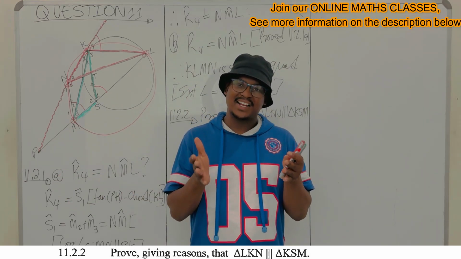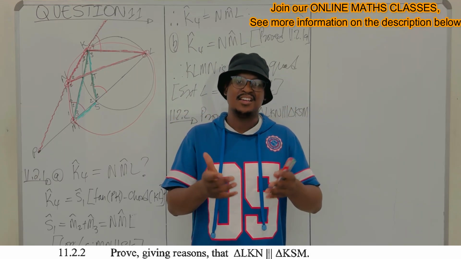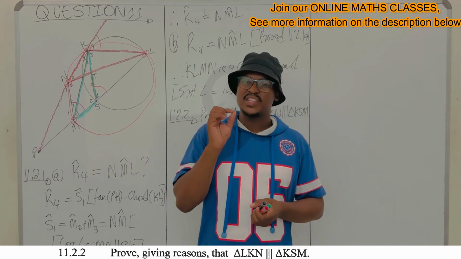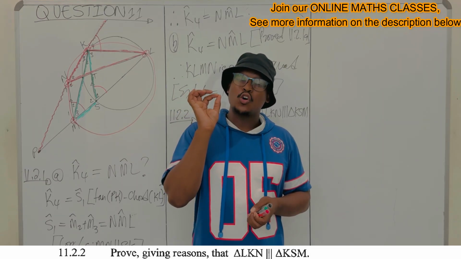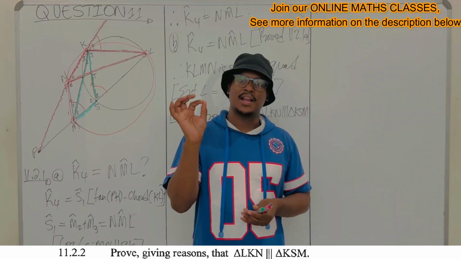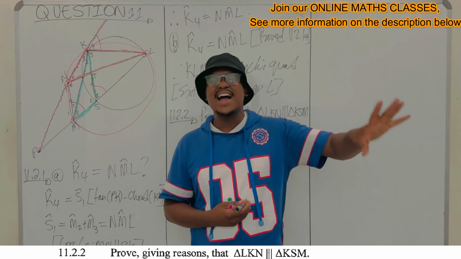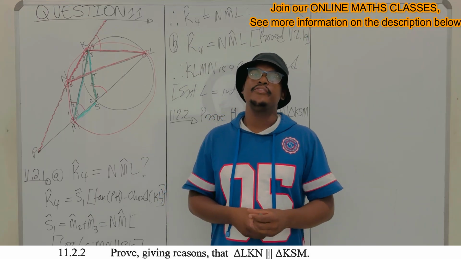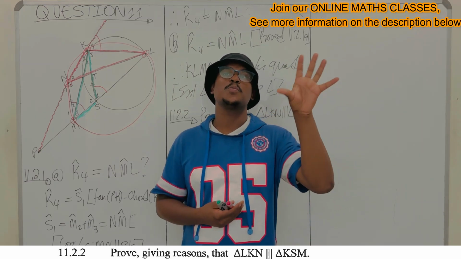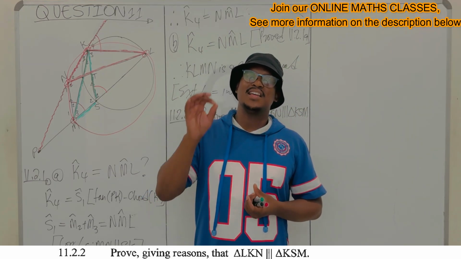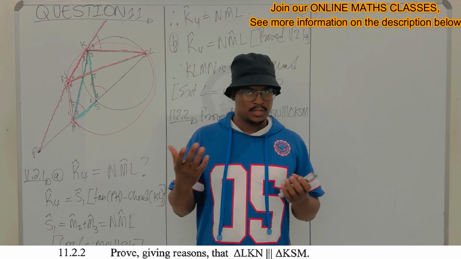So if two triangles are similar, the corresponding angles are exactly the same, and the ratio of the corresponding sides is also the same. So if you want to show that two triangles are similar, you can show that the ratio of the corresponding sides is exactly the same, or that the corresponding angles are the same. That's what you do.